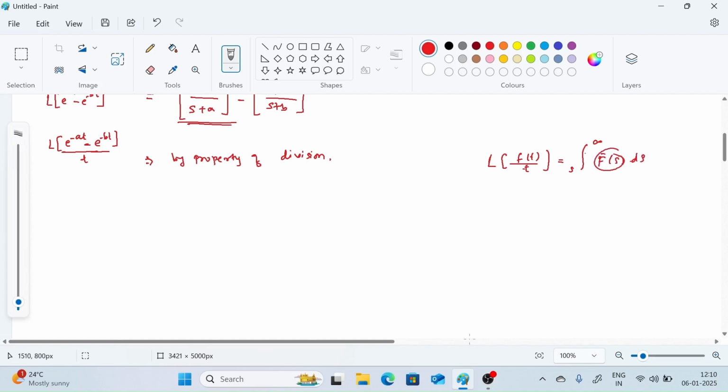Now, what is f bar of s? We have found this value. So, I can write the integral from s to infinity of 1 upon s plus a minus 1 upon s plus b, ds.